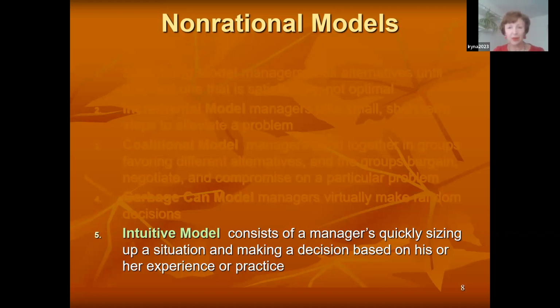I will write the titles in the chat, which shows that intuitive decision making was underappreciated for a long time, but actually many of the big decisions by big managers are often done based on their intuition.